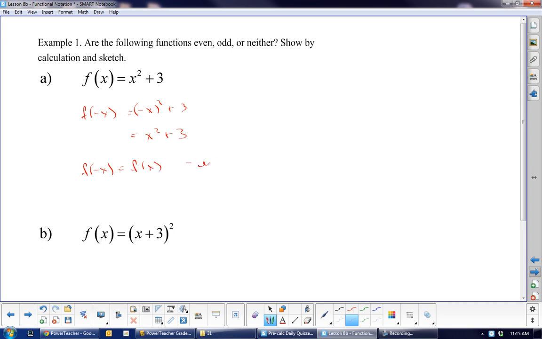So it is even, which means it is symmetrical about the y-axis. Okay, x squared, we know what that looks like. x squared plus 3 would be up here. And that makes sense that that would be symmetrical about the y-axis.